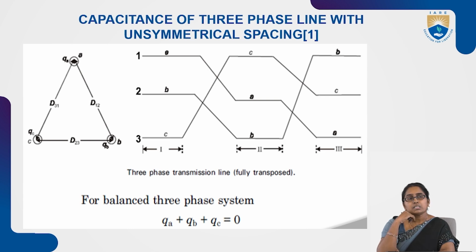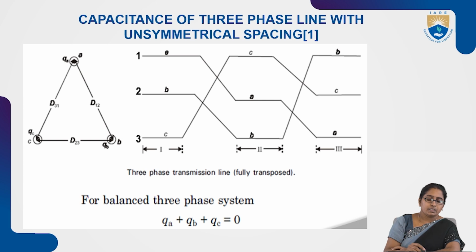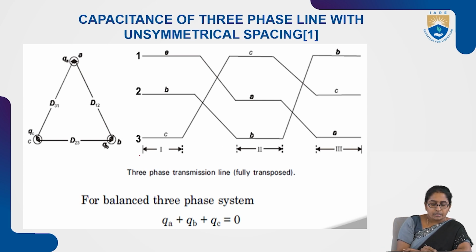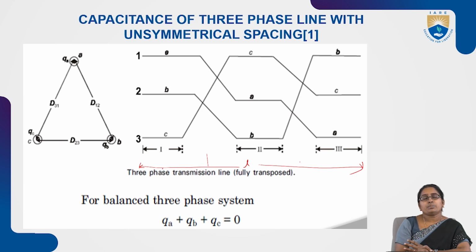So in the transposition, what they do is the total length of the line is divided into three parts. So here you can see how the total length of the line, if we say this is the length of the transmission line, total length small l, is divided into three parts like this. They say that there are three positions: first position, second position, third position.